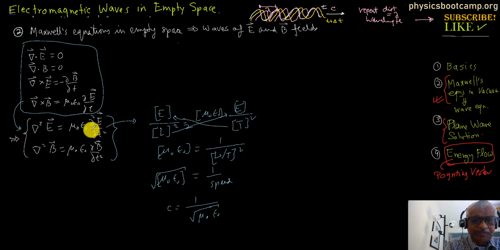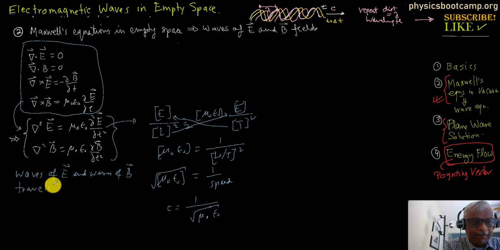This is a wave of electric field and a wave of magnetic field traveling at the speed of light. Waves of E and waves of B traveling at speed 1 over square root of mu naught epsilon naught.